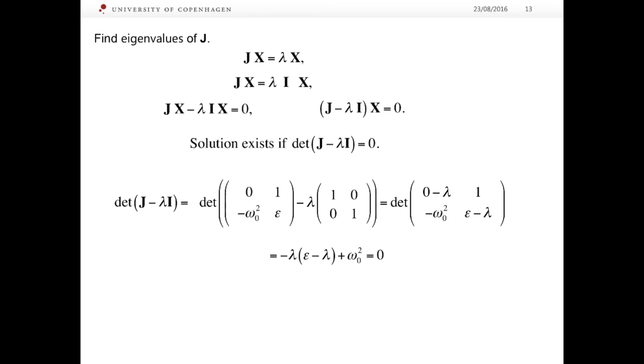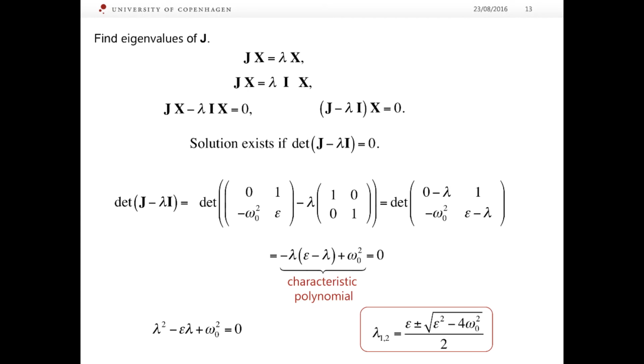The expression which involves lambda is called a characteristic polynomial, and we obtain an equation in which the characteristic polynomial is set to 0. This equation is an algebraic equation of the second order. It's a quadratic equation, and we can solve it, hopefully with ease.